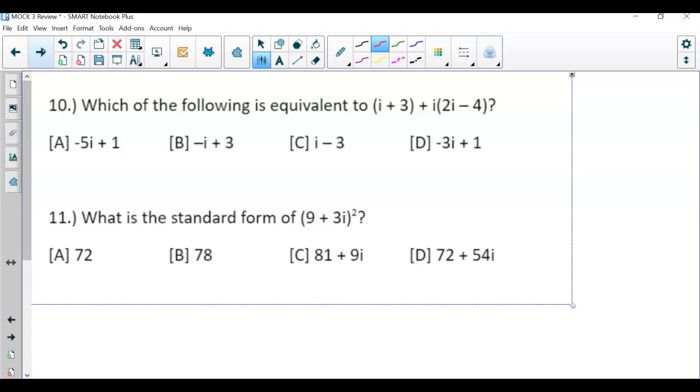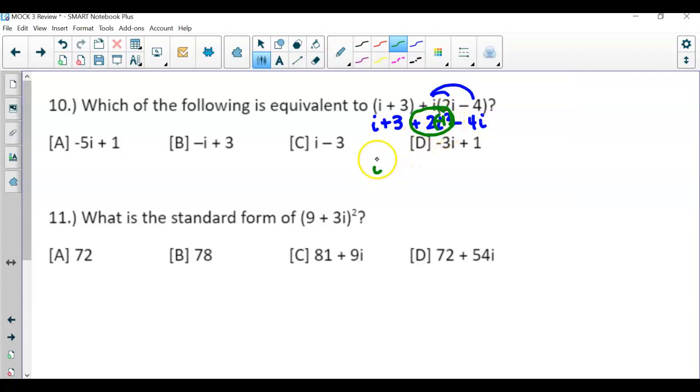With question number 10, you're just simplifying, but I do notice before I start combining like terms that we need to distribute an i here. So I'm going to bring down my i plus 3, but now i times 2i is 2i squared, then i times negative 4 is negative 4i. Now, before I continue, I notice I have 2i squared. i squared is negative 1.